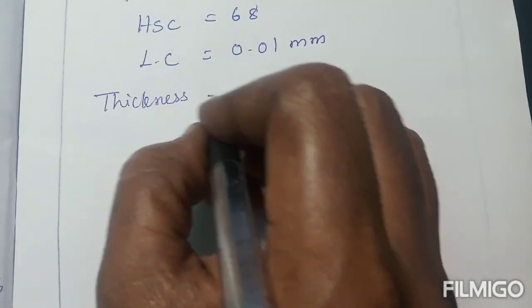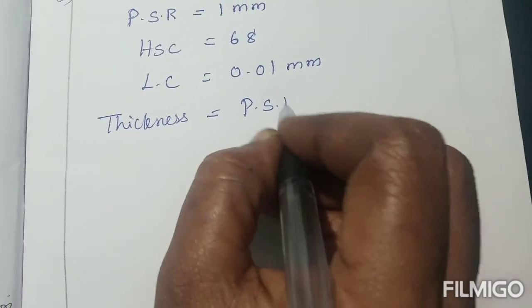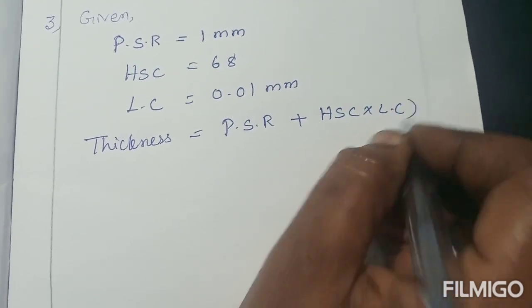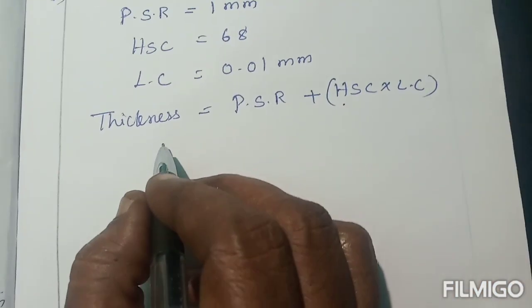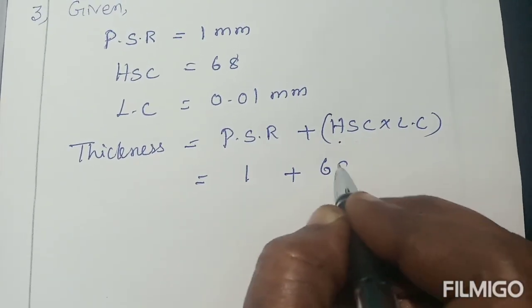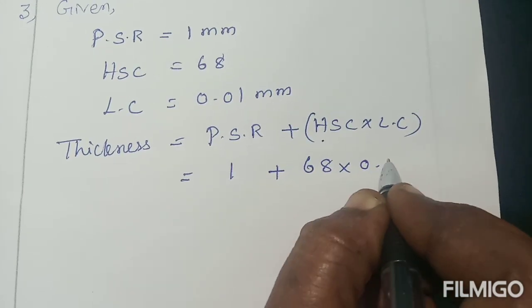Then you have to find the thickness, equal to PSR plus HC into LC. This is the formula to find the thickness by using a screw gauge. Okay, PSR, what's the value? 1 plus HC 68 into least count.